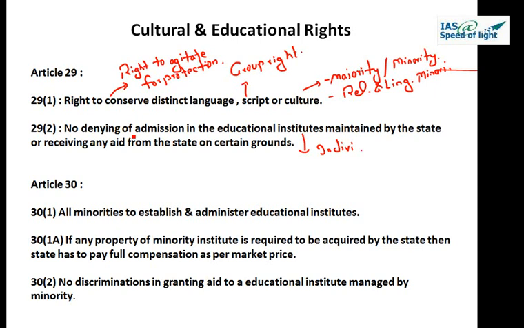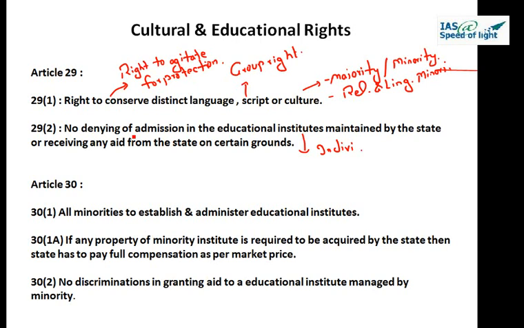Okay. Coming to Article 30, which says right of minorities to establish and administer educational institutes. So they're talking about the minorities. They have the right to establish their educational institutions. Let's read Part 1 of that. All minorities, whether based on religion or language, shall have the right to establish and administer educational institutions of their choice.